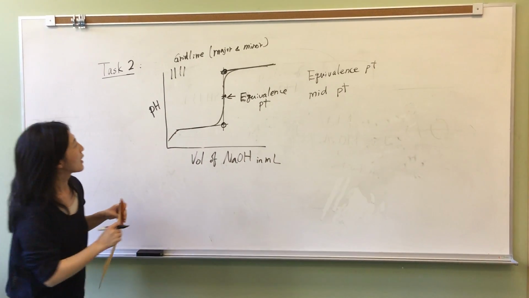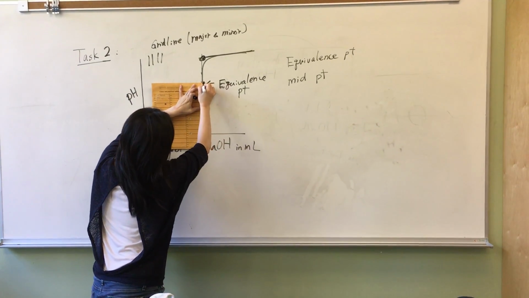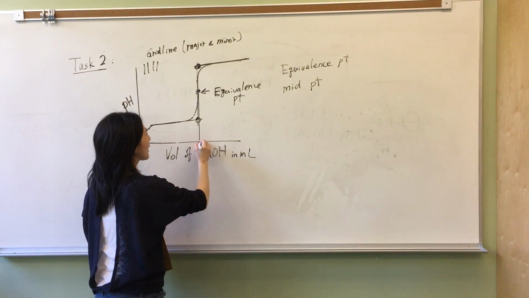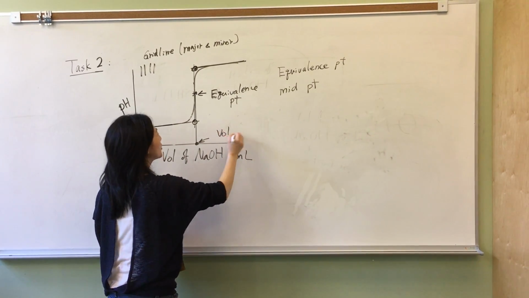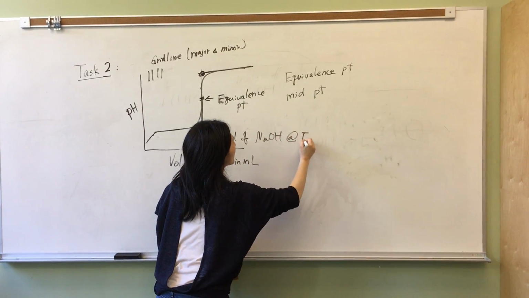Okay? And then you need to also draw the vertical line from the equivalence point to the x-axis. That's the volume of sodium hydroxide at equivalence point.